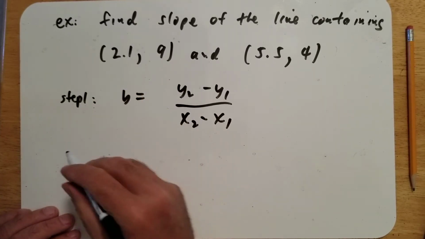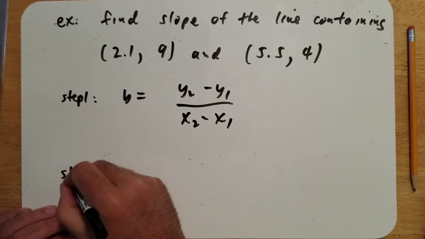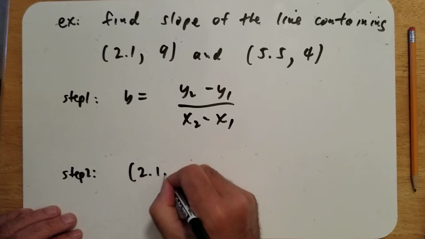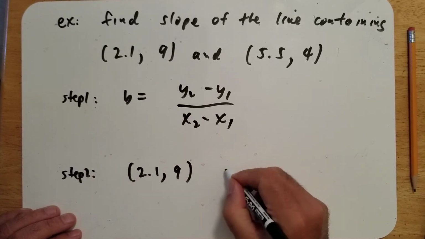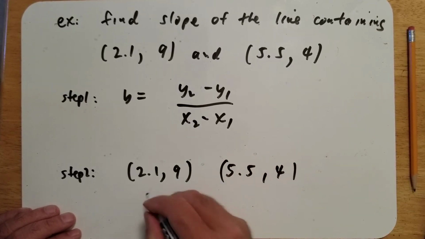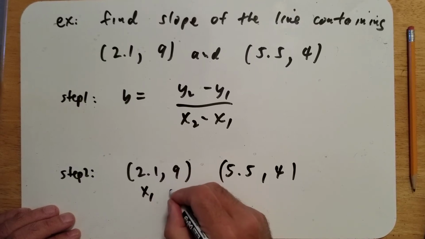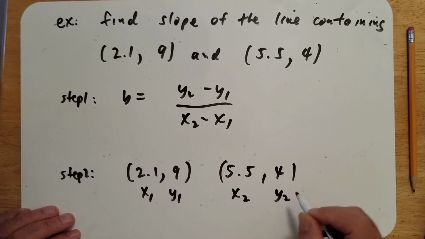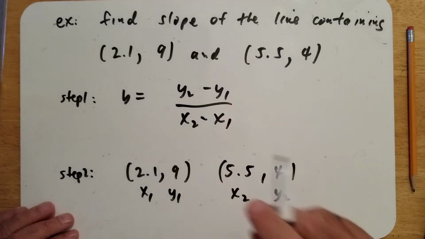I'm going to identify the points. So step 2, I'm going to identify this first ordered pair, 2.1, 9, as x1, y1. This next ordered pair is x2, y2. And these are the values that I'm going to plug into that formula.